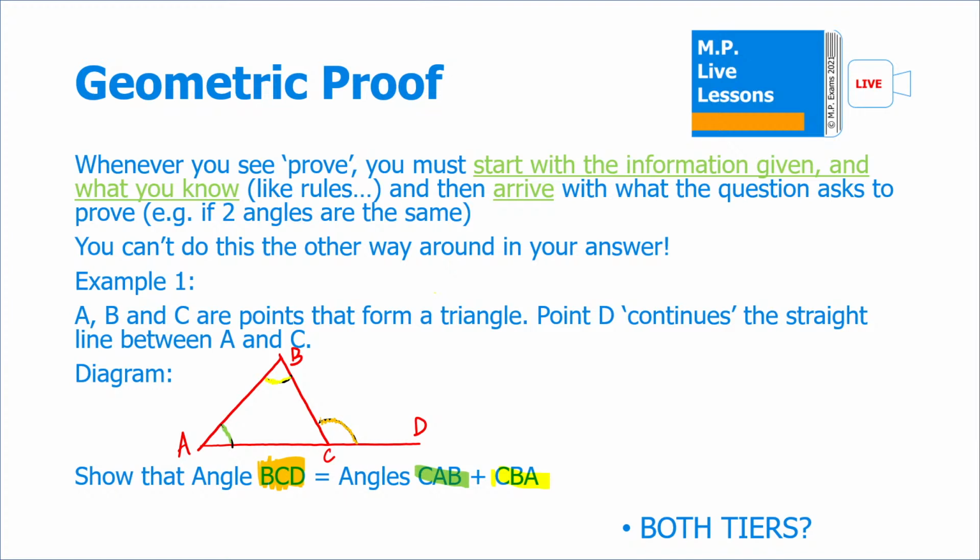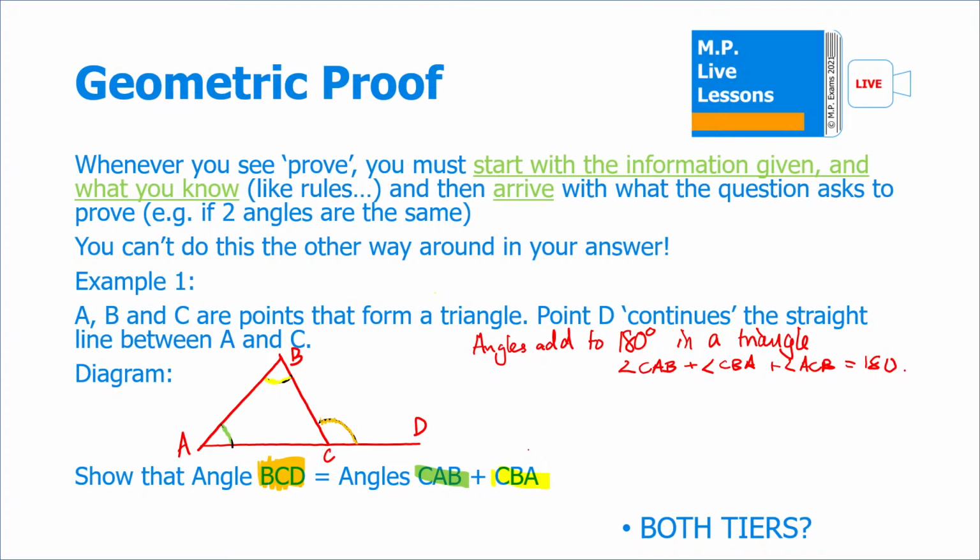Now, since we know that angles add up to 180 degrees in a triangle, so that means this angle CAB plus angle CBA, and the other angle, which is ACB, add up to 180.